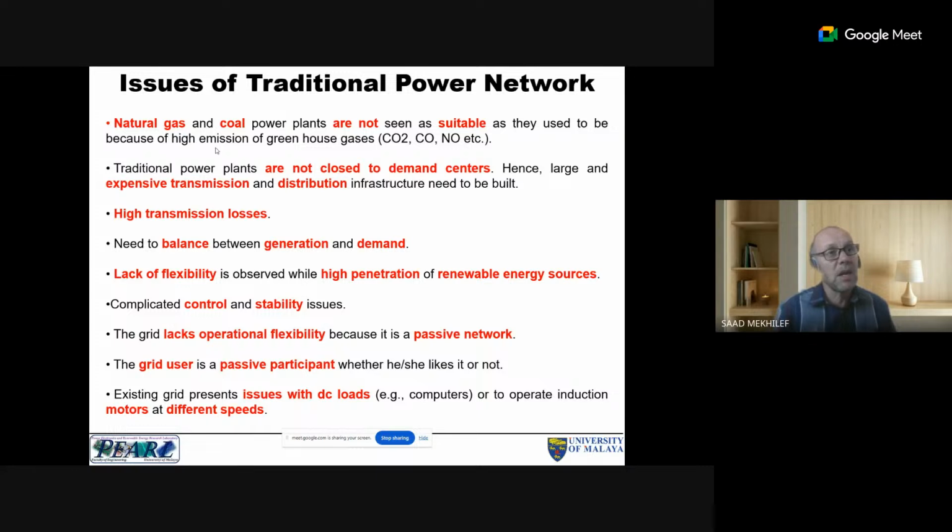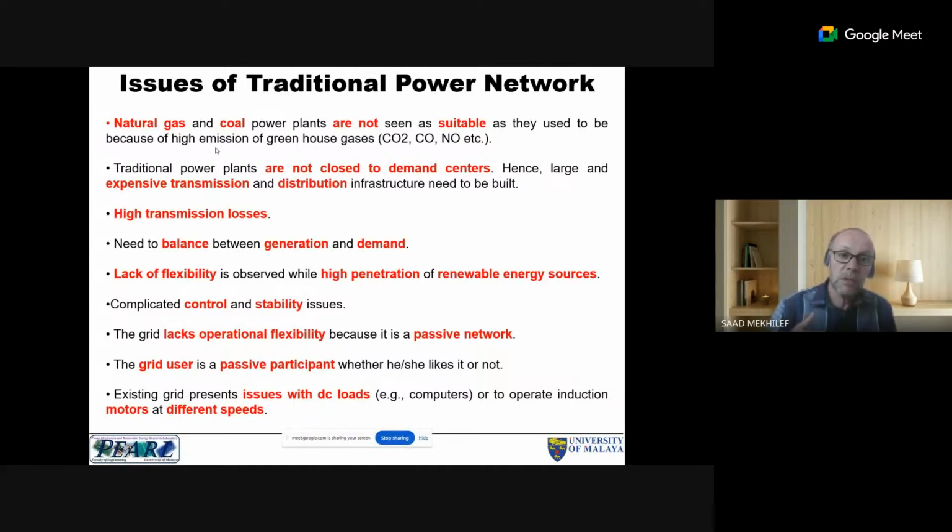It has served the world for almost 50, 60 years now. But one of the things is that they have very high gas emissions, a lot of emissions. And we have seen in the last few years the impact of these emissions on the planet.